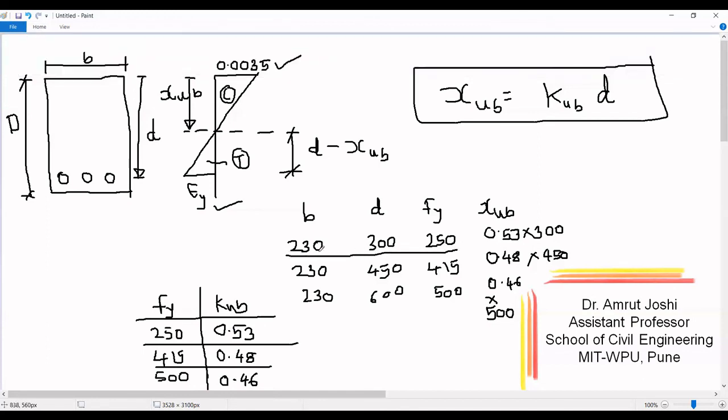If you have a beam of size 230 by 300 mm with Fe 250 steel designed as a balanced section, the neutral axis would lie at 0.53 into 300 mm from the extreme compression fiber. But if the same beam is designed using Fe 500, so the yield stress of the steel becomes 500 MPa, then if it is designed as a balanced section, the neutral axis would lie at a distance of 0.46 multiplied by effective depth 300.